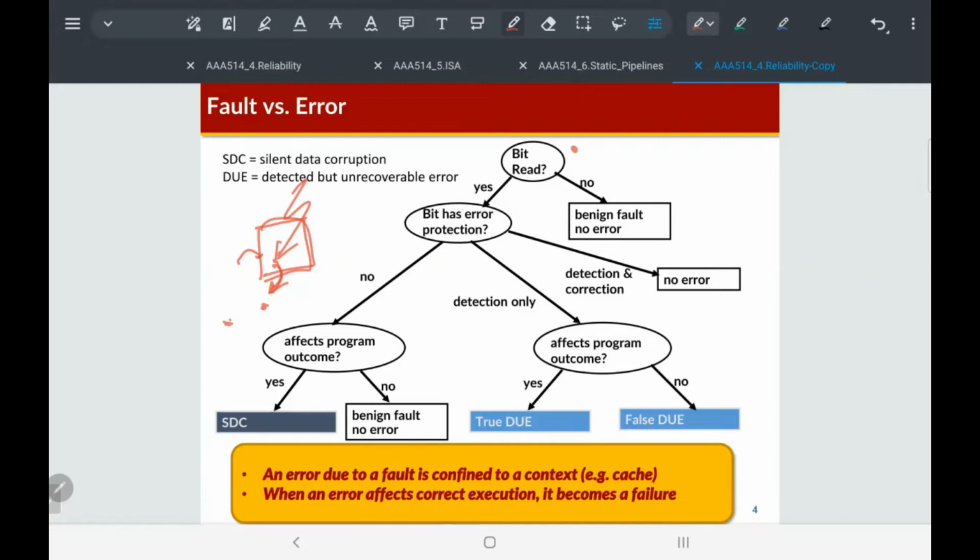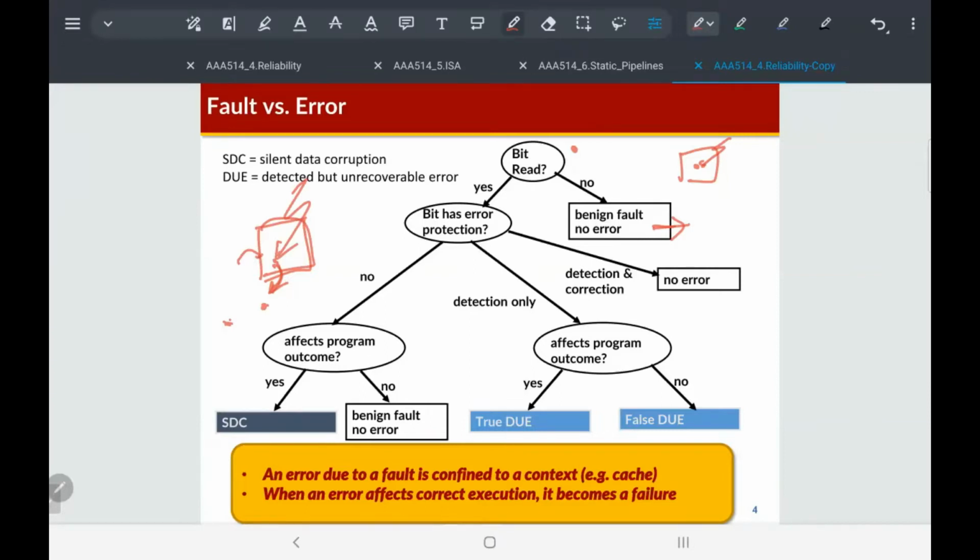So even though the data inside this memory is changing, if it is not read, it's not an error. It is called a benign fault. It's not harmful, and it does not cause any errors in our computer system. But if the data is read, the errors can be detected.